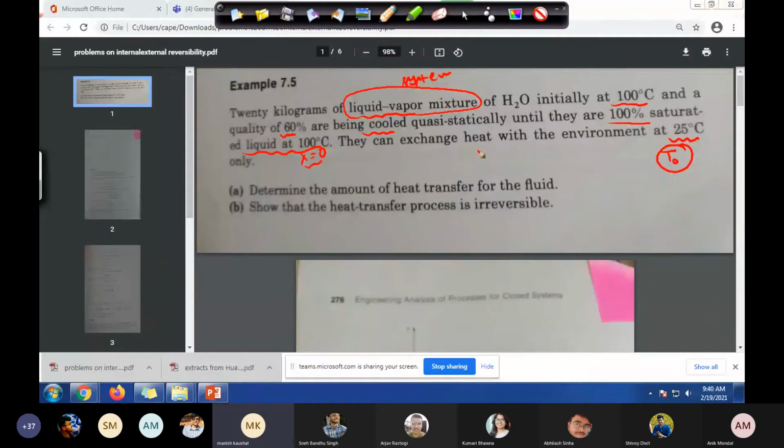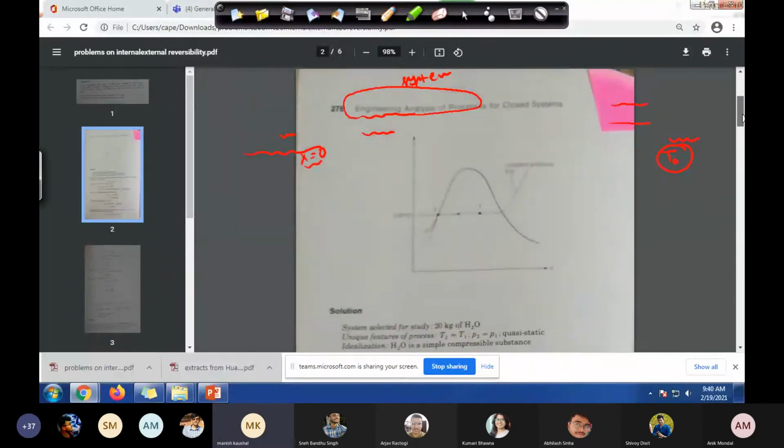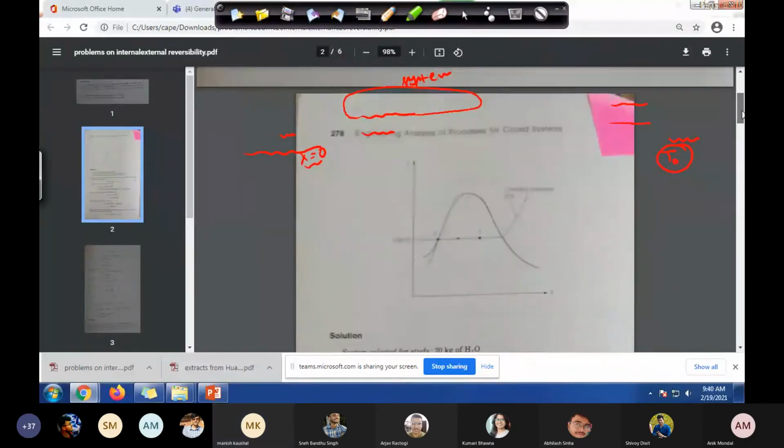Okay, so if you see this phase change process, throughout this process the temperature is constant, because it's a phase change process.